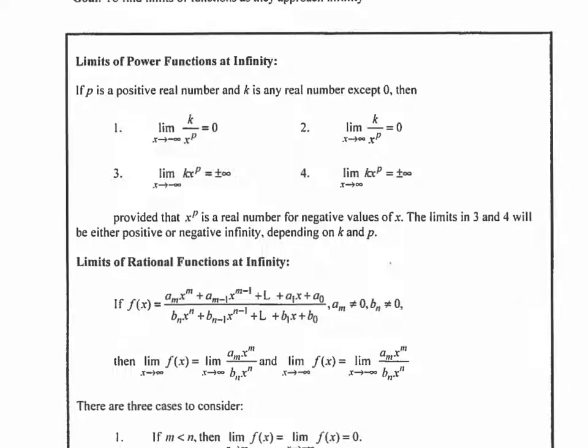If I had $5 and I had to divide it by the population of China, because as that thing is growing, it's something that's got that exponent on it, and whether it's positive infinity or negative infinity, as it gets bigger and bigger and bigger, what's going to happen when I take my $5 and I try to share it with the population of China? How much is everybody going to get?